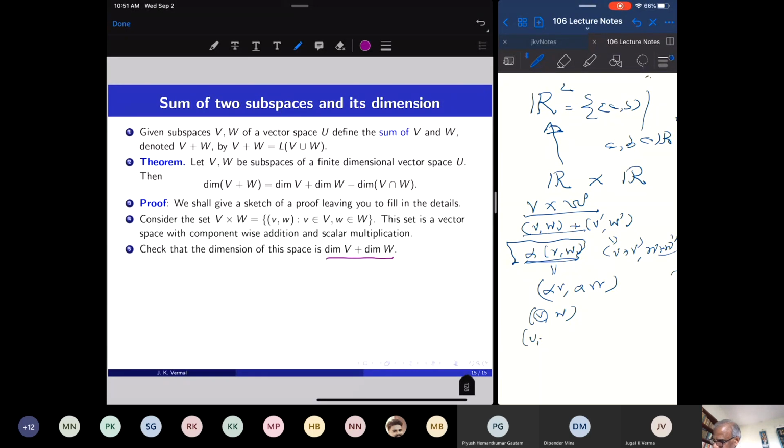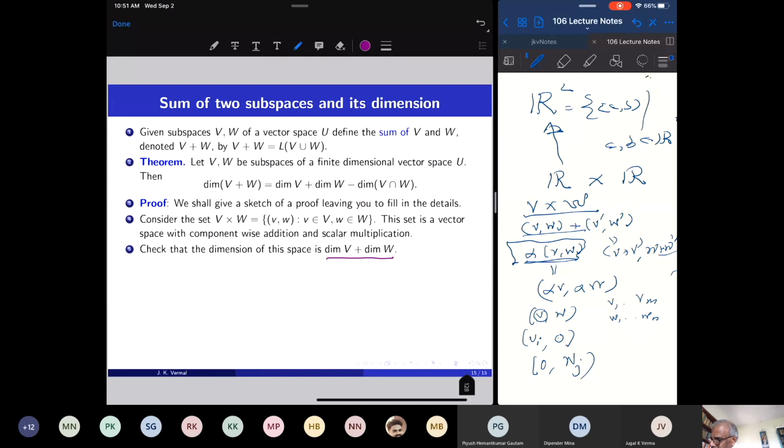I fix a basis of V, v1 up to vm, and I fix a basis w1 up to wn of W. So in the first component I take vi, and in the second component I take 0. Then I take 0 and wj.